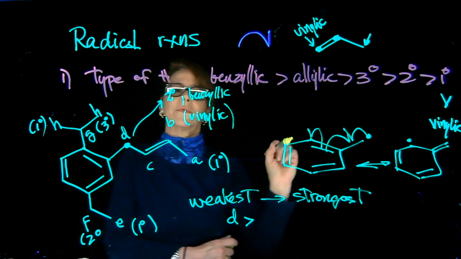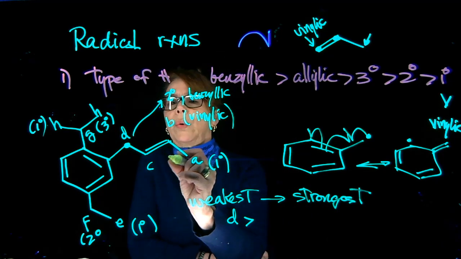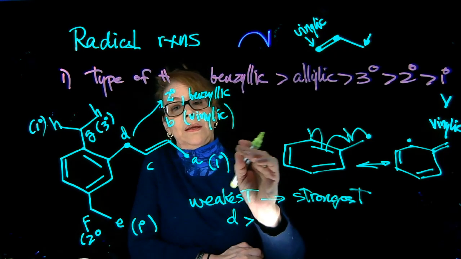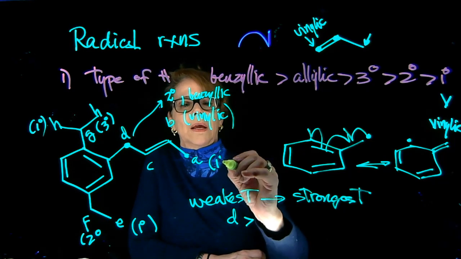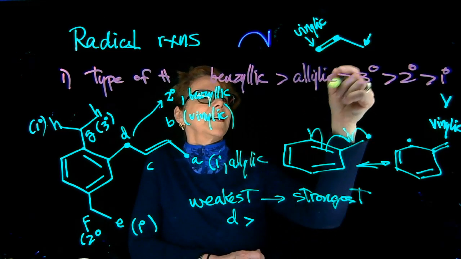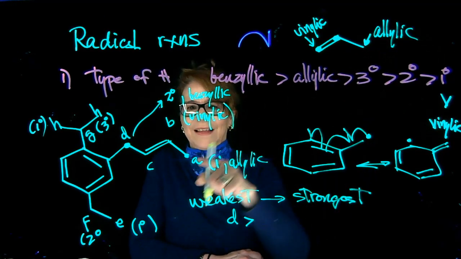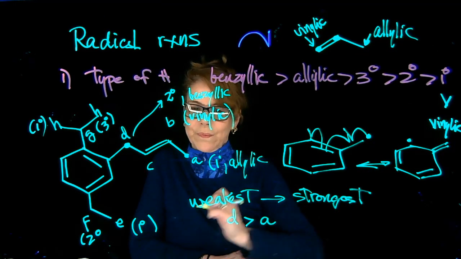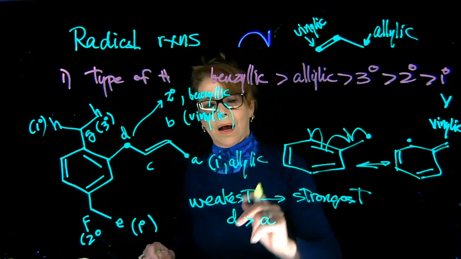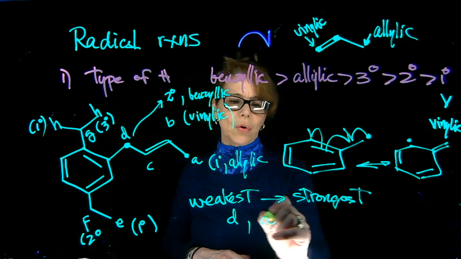So it looks like from what I have here that, oh, well, no, we have another interesting position, which is A. A is primary, yes, but it is allylic. So notice this is allylic, and that's the case of A. So A is the next weakest.